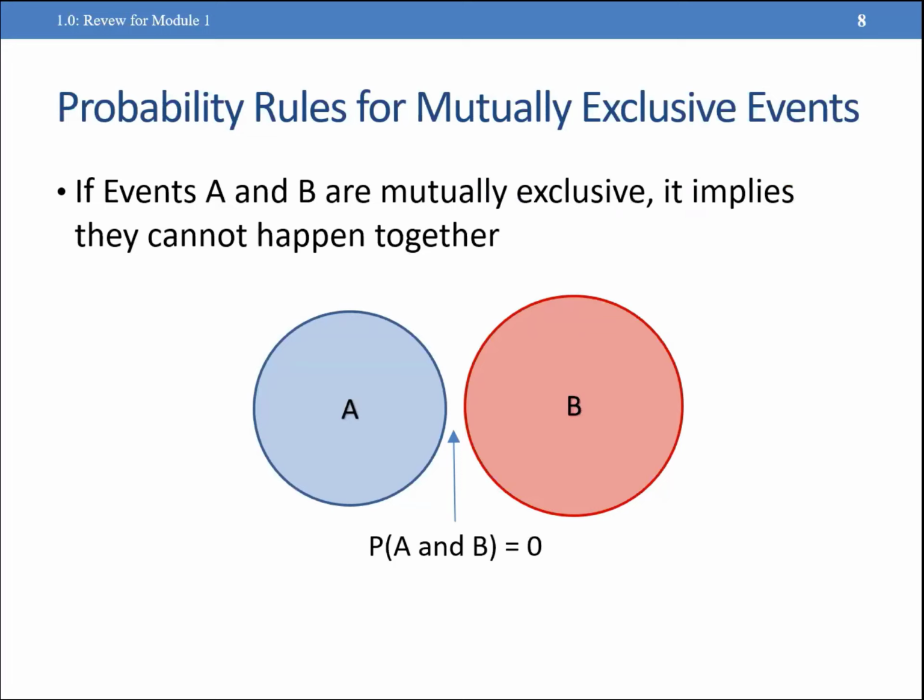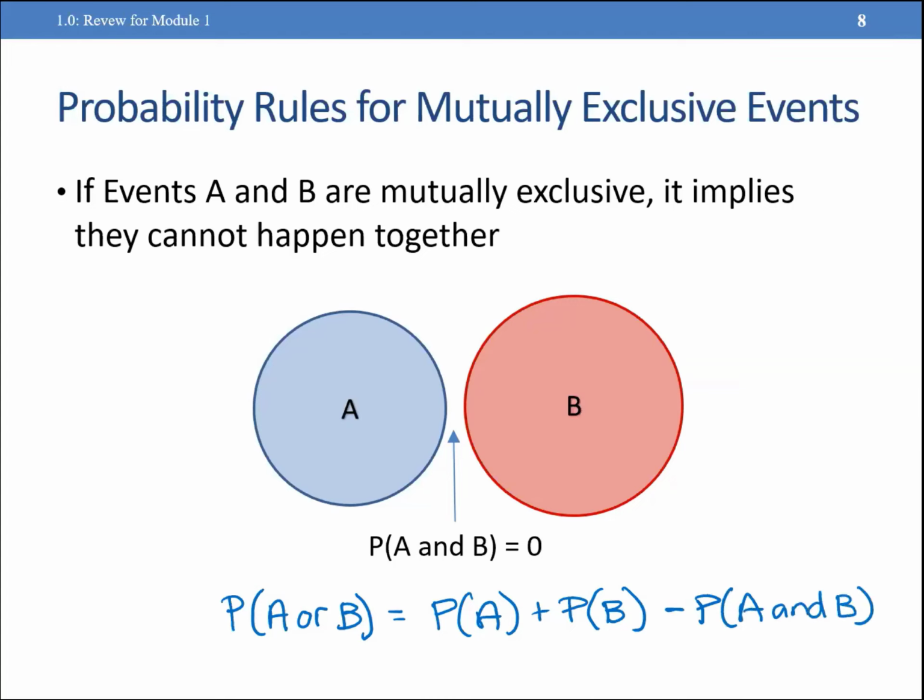And so when we're looking at our OR probability, now we're looking at the probability of A plus the probability of B, either A or B. Note, before we always subtracted the overlap, but now since there's no overlap, that's 0, we don't even have to consider it. That's only when we're dealing with something that's mutually exclusive. So that's a special rule for mutual exclusivity.